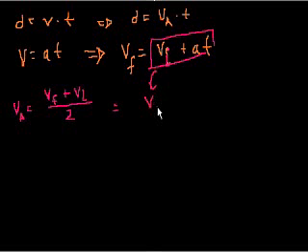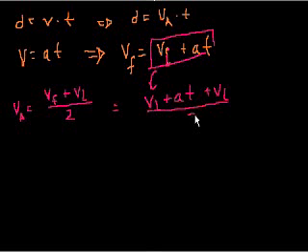So we have the initial velocity plus acceleration times time, plus the initial velocity. These are all I's for initial velocity. It looks like a 2, but I think you get the idea. All of that over 2. So the average velocity is equal to the initial velocity plus acceleration times time plus the initial velocity, all of that divided by 2.